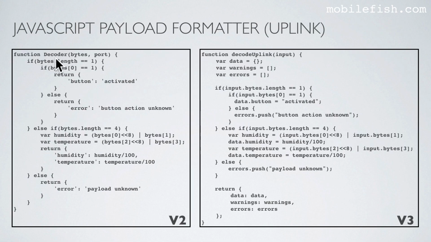This is the decoded payload formatter used in the v2 console, and this is the corresponding decode uplink payload formatter used in the v3 console. So the function names are different, but also the parameters are different. This payload formatter requires a JSON object as its input.